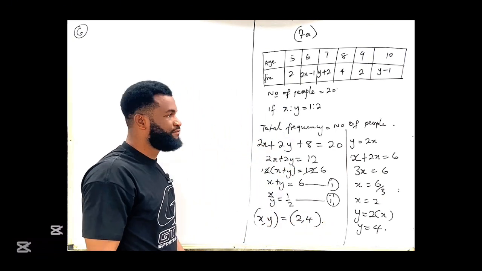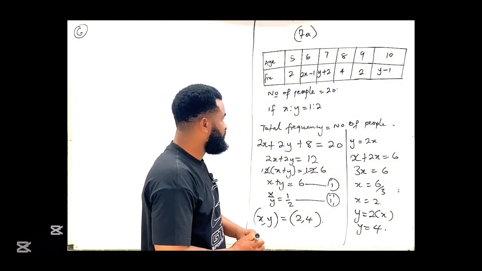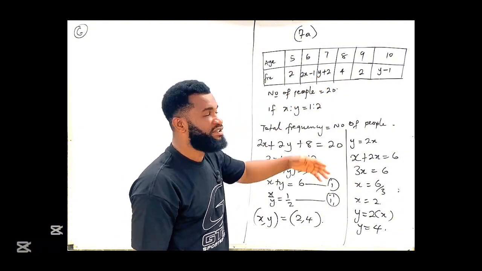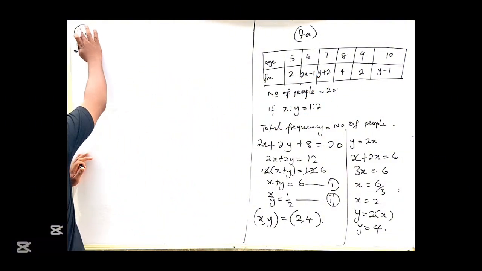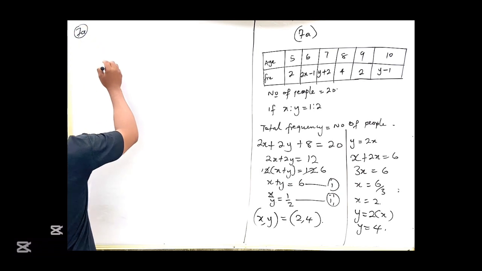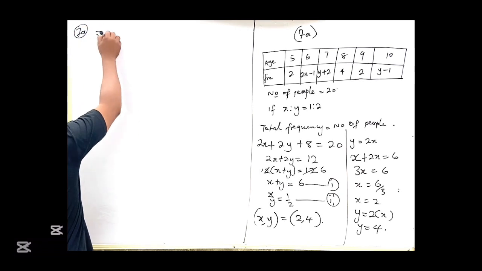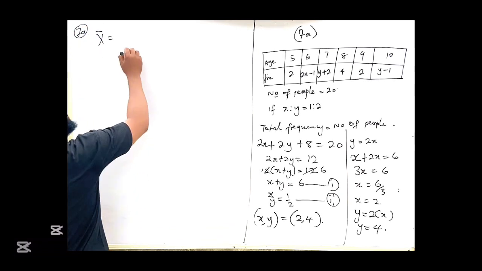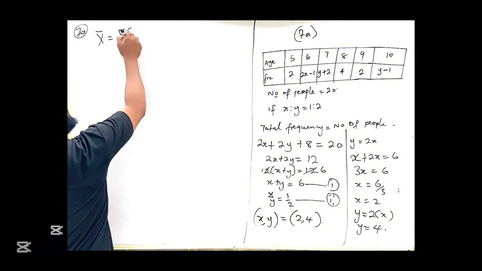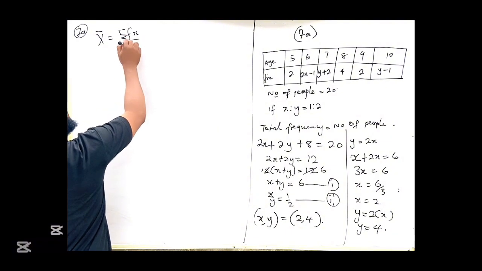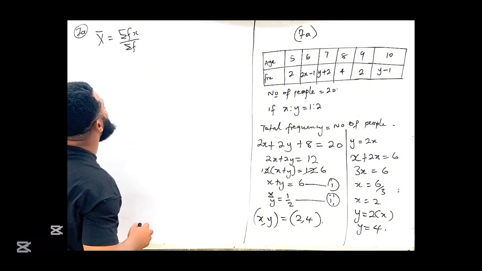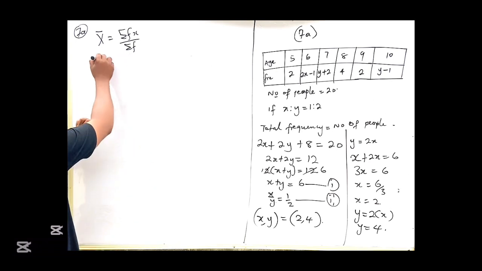That is the value. All right, so after this, I am asked to find the value of the mean. Remember, for mean, this is 7b. Mean, x bar, is given as the total summation of fx all over summation of frequency. We already know summation of frequency is 20.